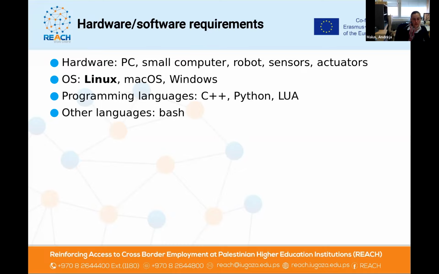You can also use it on a small computer like a Raspberry Pi. You can install it on a working robot, for example, like Fanuc, or in our case, the Panda robot. You can also include other hardware like sensors and actuators and connect them to the ROS system.